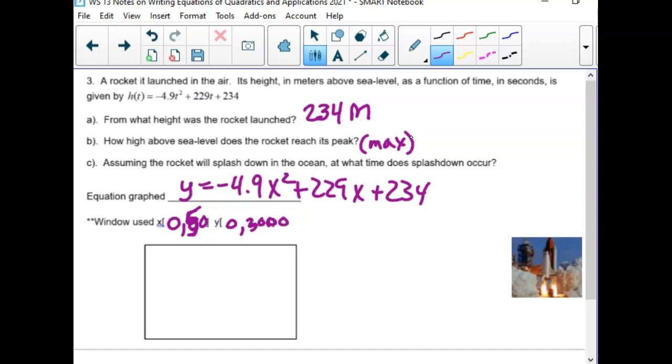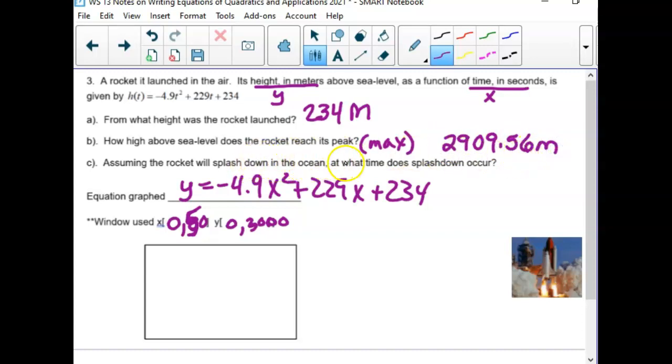Careful. X, or T, is time. Yep, we have time is x and y is height. We want to know how high it was above sea level. So I got the maximum 2909.56. Did anybody else get that?